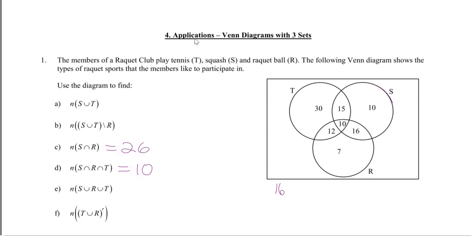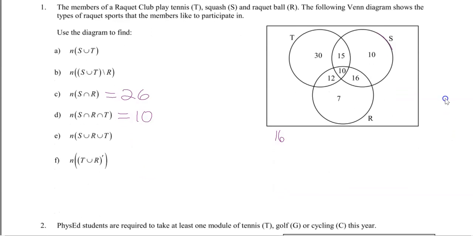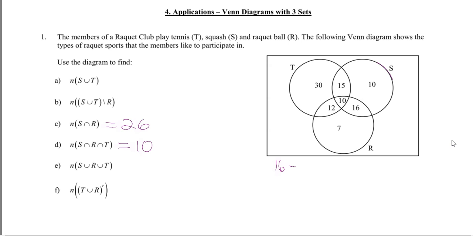Okay, so the 16, let's see. I don't think we have that as one of our choices here. So 16 is only squash and racquetball, but not tennis. Okay, so S intersect R or S and R is 26.